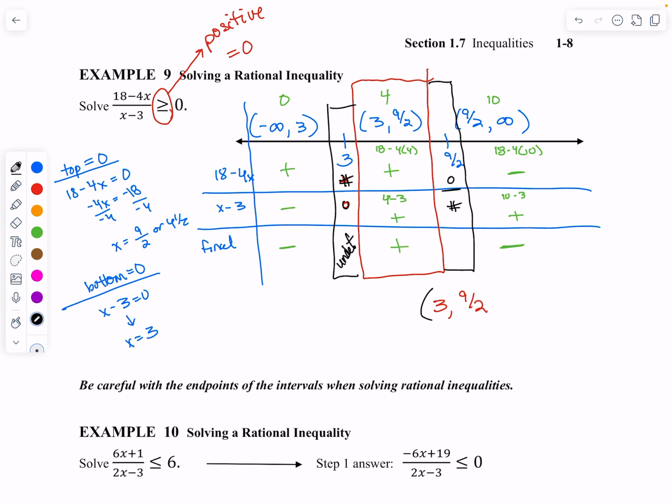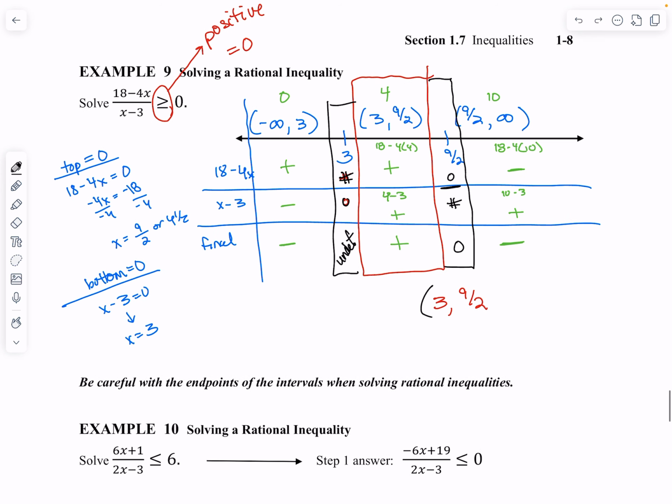So that's 0 divided by a number, which is 0. Now notice that the answer I'm looking for is positive or equal to 0. Do you see that this one is equal to 0? I should do that in red because it works. There's my equal to 0. So 9/2 is in the solution set. This is my final answer.